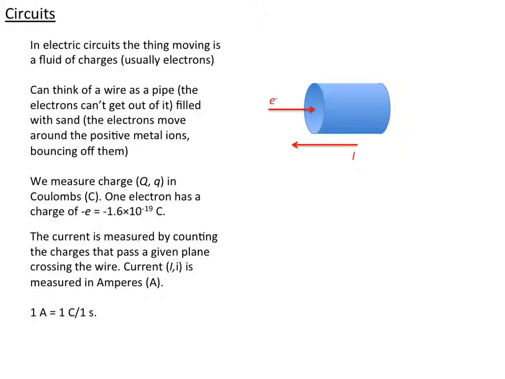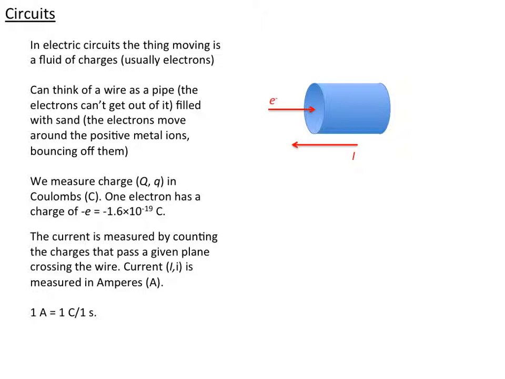And like the hydraulic example, we have a pipe, which is the wire, because the electrons are confined to the wire. They can't get out, but they can move along it. However, it's like water moving through a pipe filled with sand, because the electrons bump into all the copper atoms or metal atoms that are there, bouncing off them, and that provides a lot of resistance.